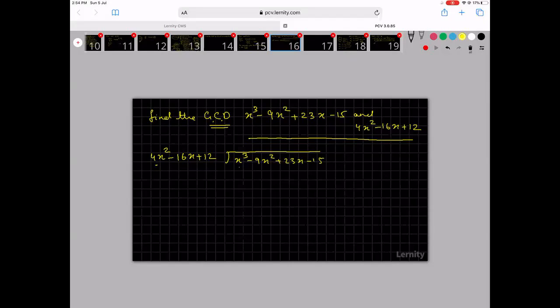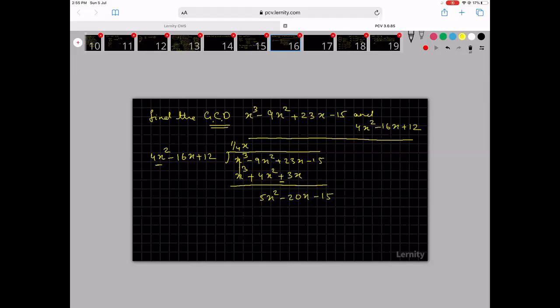So I'll write 1 by 4th of x, so that I get x cube minus 4x square plus 3x. Now when I subtract them, this will vanish. So I'll get 5x square minus 20x minus 15.